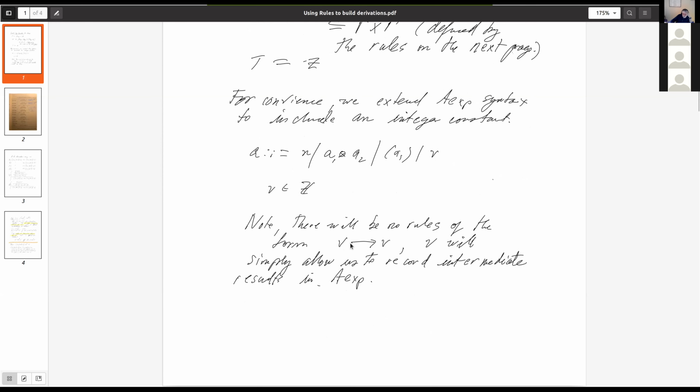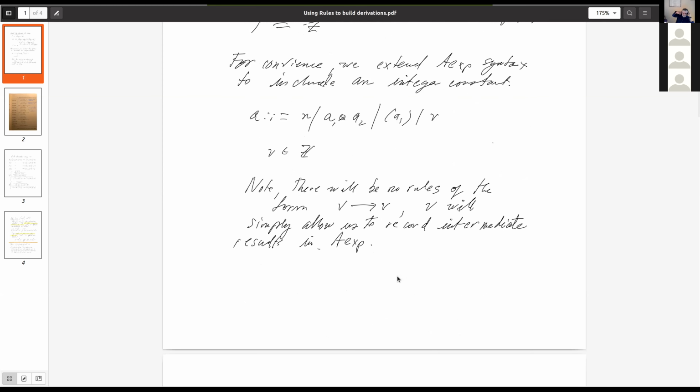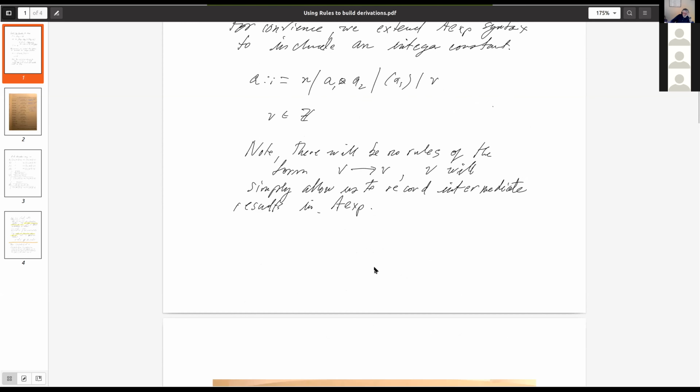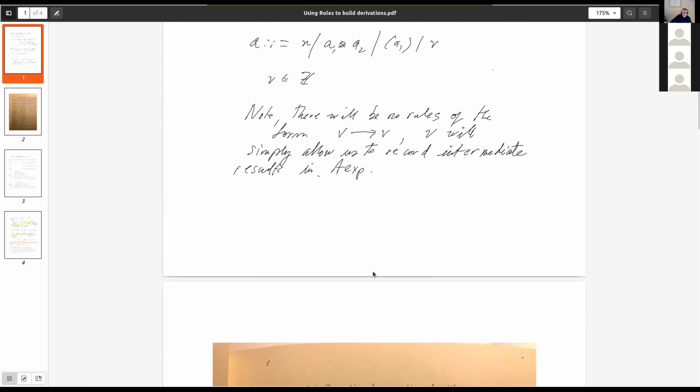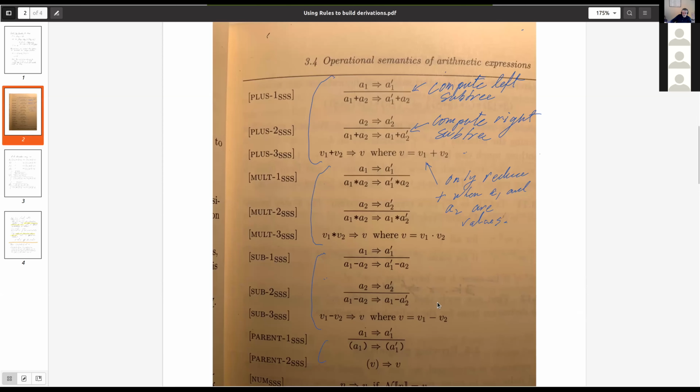But like I say, there'll be no rules where the left-hand side is just a value. V oftentimes in semantic contexts stands for value. It just allows us to record parts of the overall A expression where we actually have reached a value, but we're not done yet.